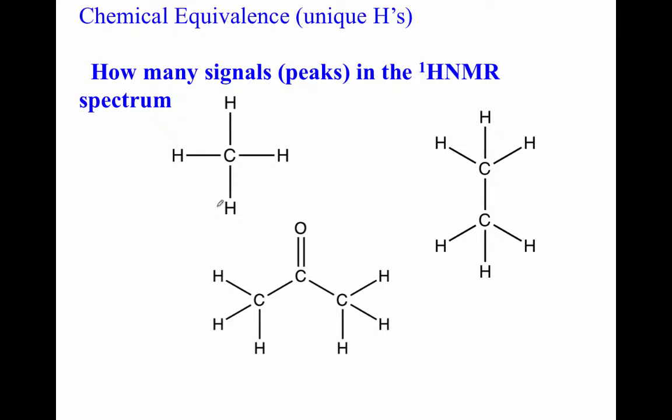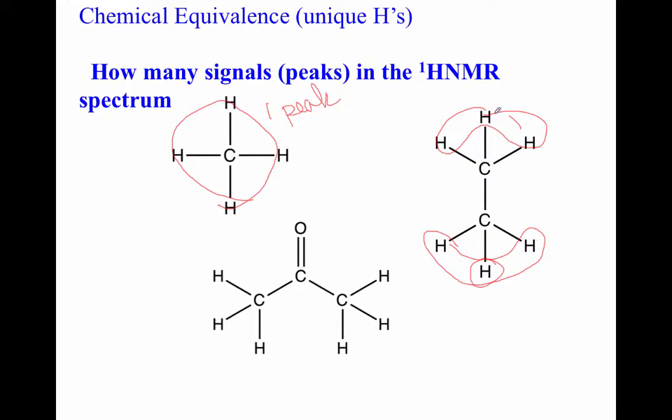Okay, hopefully you took a moment to think about it. These four are going to have one chemical environment. This will have one peak. We're looking at these hydrogens and these hydrogens. If I look at any of these hydrogens, they're connected to a carbon and three H's. Well, this hydrogen is carbon, carbon, three H's. This is actually the same chemical environment, so I will only see one peak.